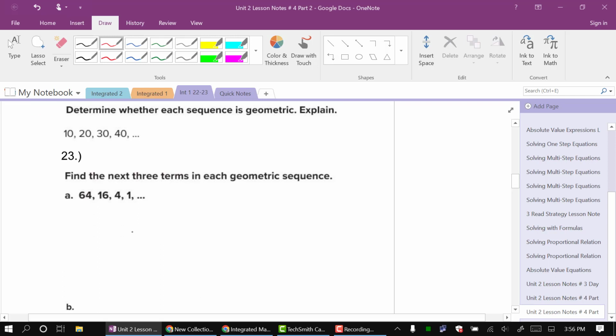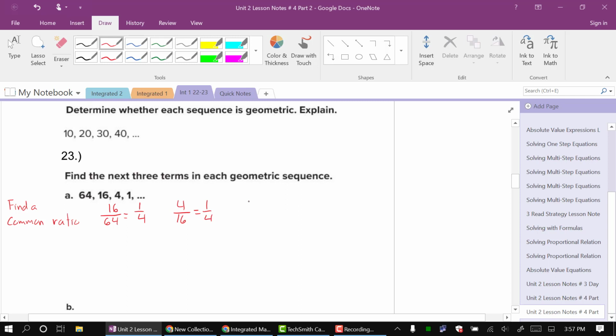So we want to find the next three terms in the geometric sequence. The first thing we're going to do is find a common ratio. So I'm going to go 16 divided by 64, and that gives me 1/4. 4 divided by 16 reduces down to 1/4.